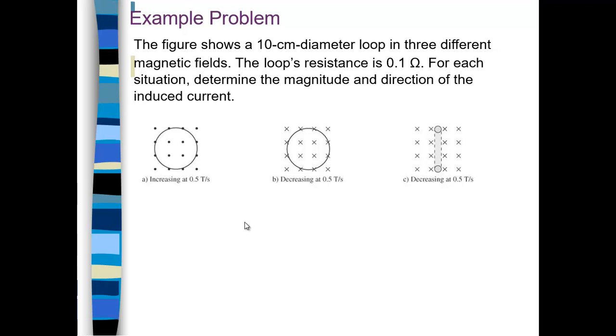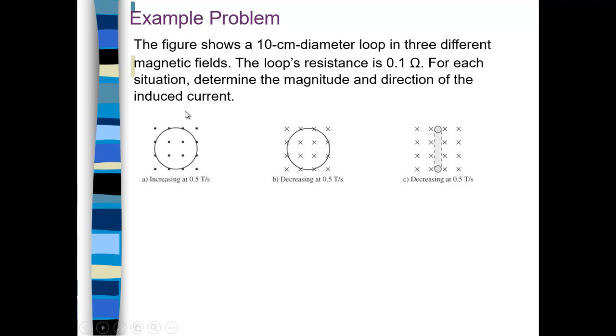Okay, so let's say we have our 10 centimeter diameter loop in 3 different magnetic fields. The loop's resistance is 0.1 ohms, and for each situation, determine the magnitude and direction of the induced current.